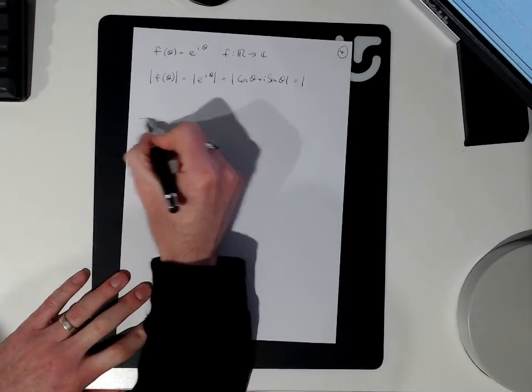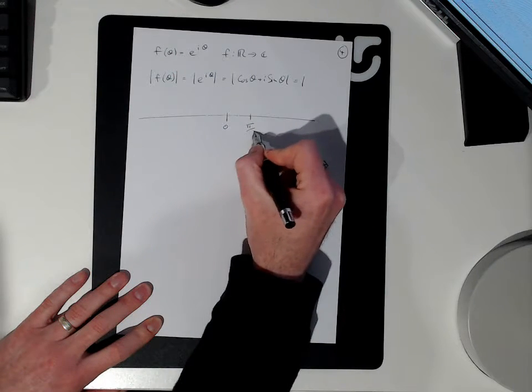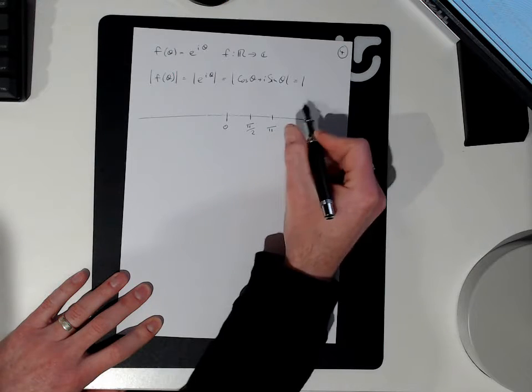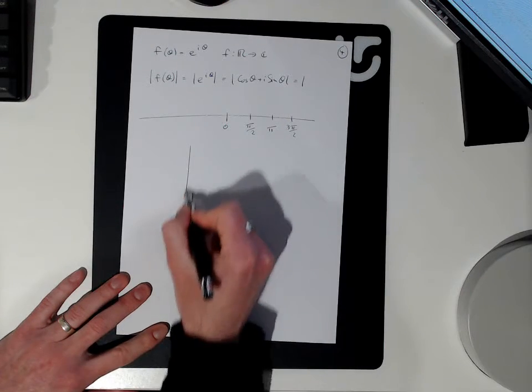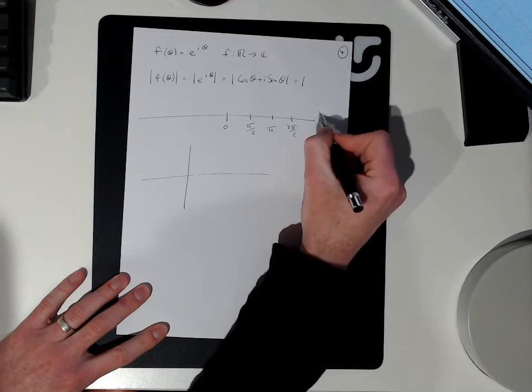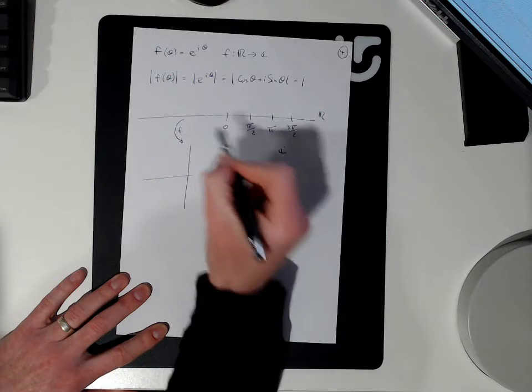So if you think we have the real line, there's my 0, there's π/2, π, 3π/2, here's the complex plane, and we have f that maps between them.